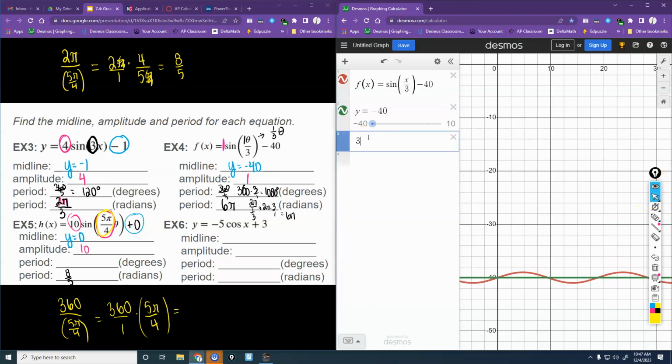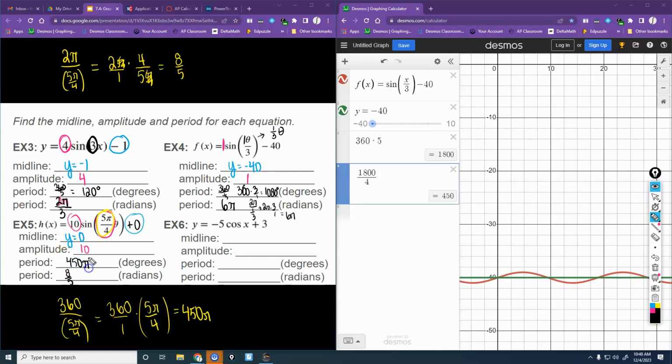If I do 360 times 5 and then 1800 divided by 4, I'm going to get 450 pi. I really don't think you're going to see that. It's going to be in radians probably. So it would be 450 pi. Okay. Let's look at the graph to check.